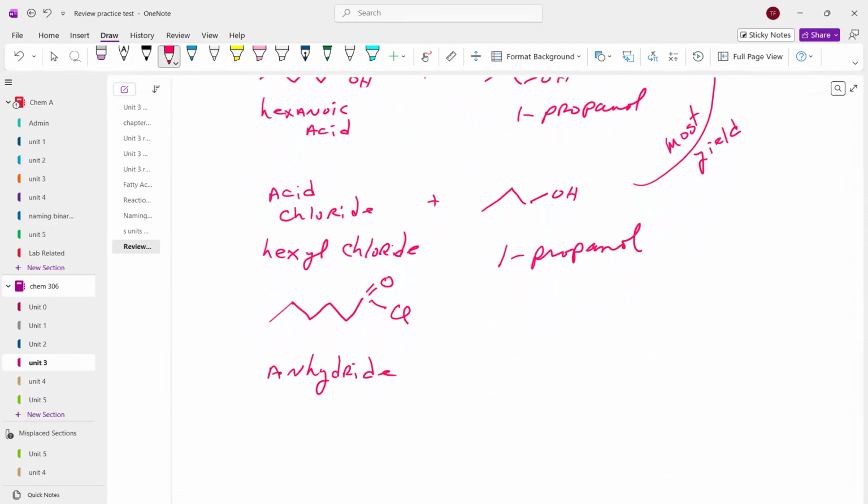And the anhydride can have 2 ends or 1 end. I'm going to do it with 1 end this time. So we'll need a dihexyl anhydride. Okay, anhydrides are just dual esters.